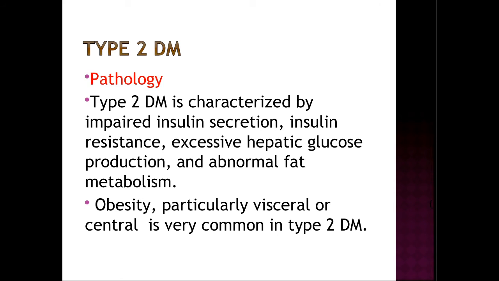In the second type of diabetes mellitus, we have some typical manifestations which are characterized by impaired insulin secretion, insulin resistance and excessive hepatic glucose production with abnormal fat metabolism. For second type diabetes mellitus, obesity is typical; particularly visceral or central type is very common.